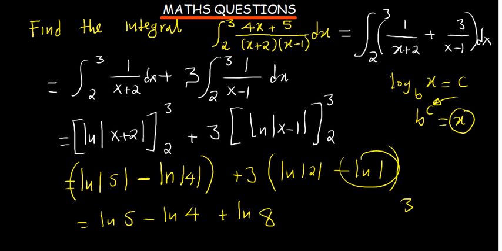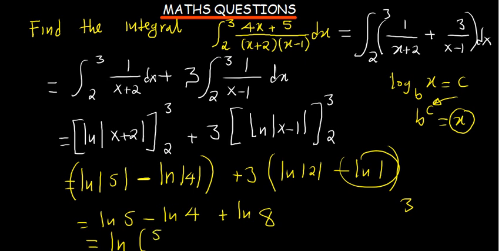And then we apply now the rules of our logarithms. When you have got logarithms which are subtracting, what do we do? You divide. So this is going to be natural log of 5.